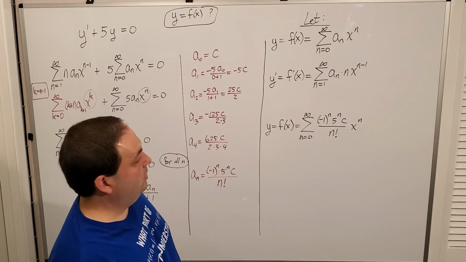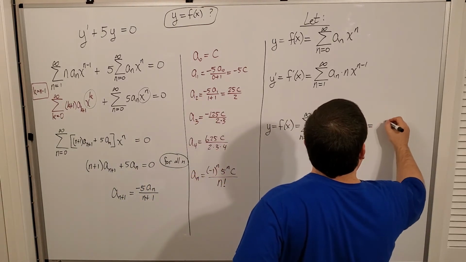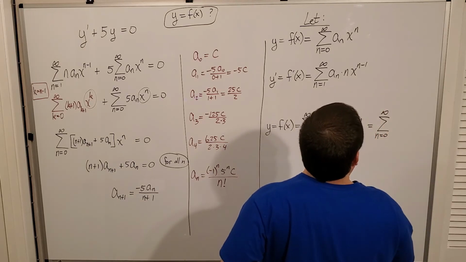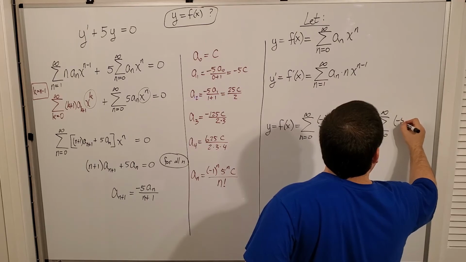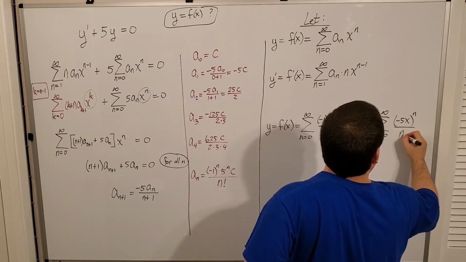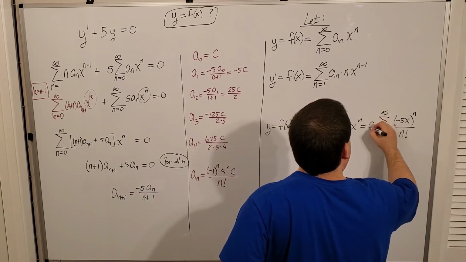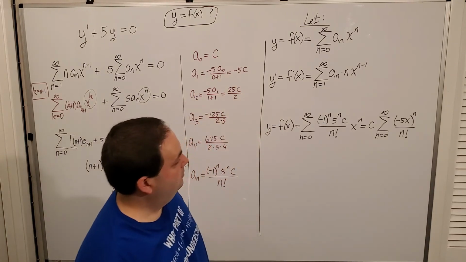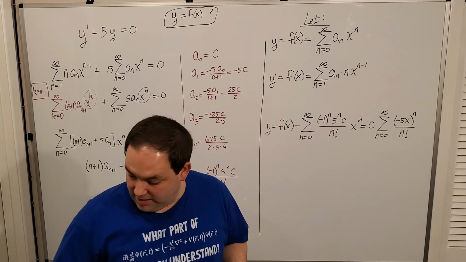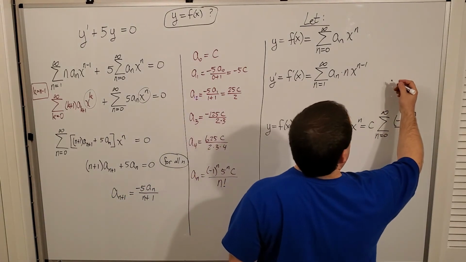Okay, so let me merge some things together here. This would be a summation, n equals 0 to infinity, of negative 5x all to the n over n factorial. And the C is just a constant, so I'm going to pull it out front here. Now, it may not be as obvious yet, but we had a power series, a Taylor series.